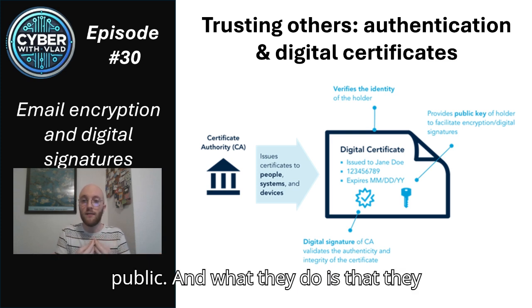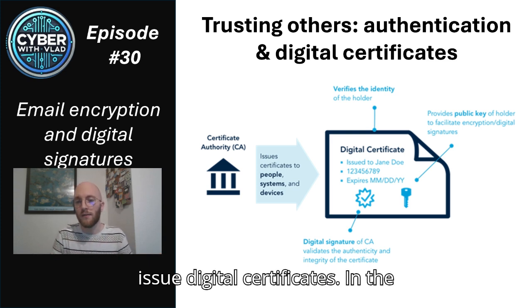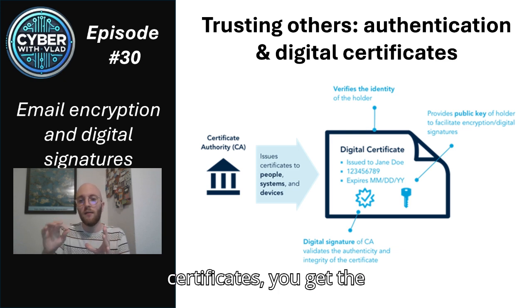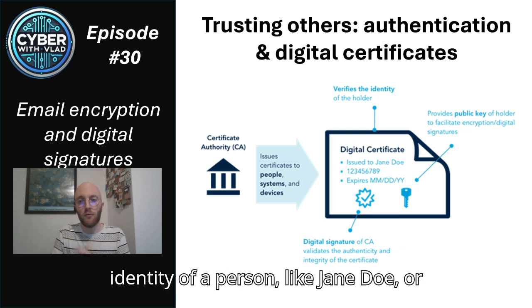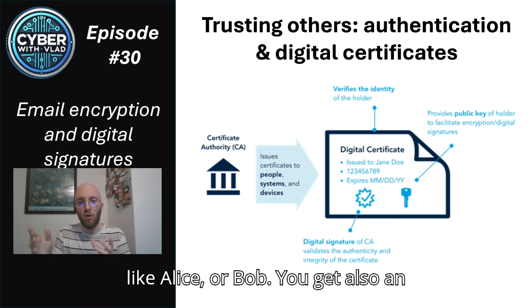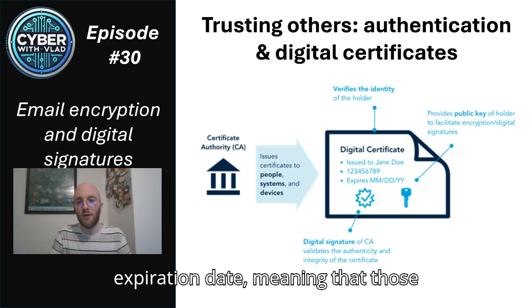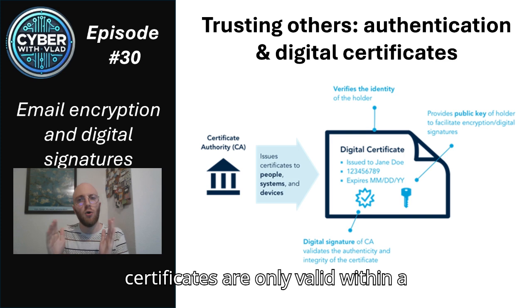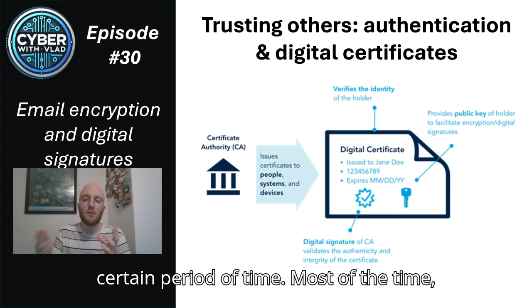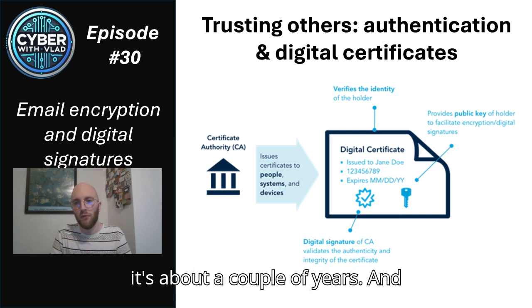And what they do is that they issue digital certificates. In a certificate, you get the identity of a person, like Jane Doe or Alice or Bob. You also get an expiration date, meaning that those certificates are only valid within a certain period of time. Most of the time, it's about a couple of years.